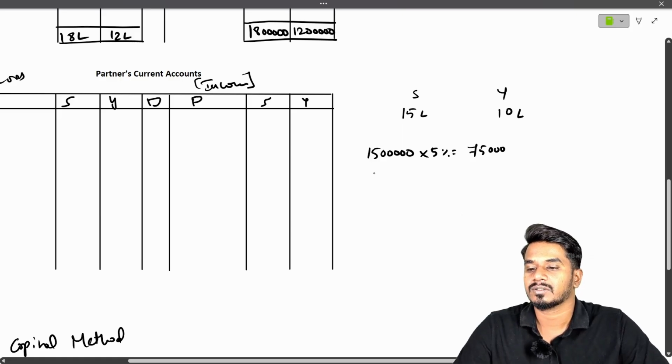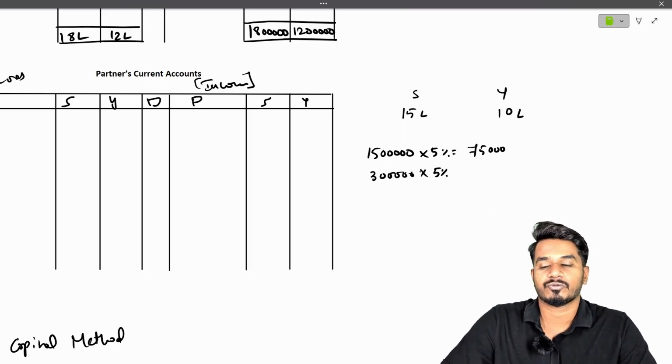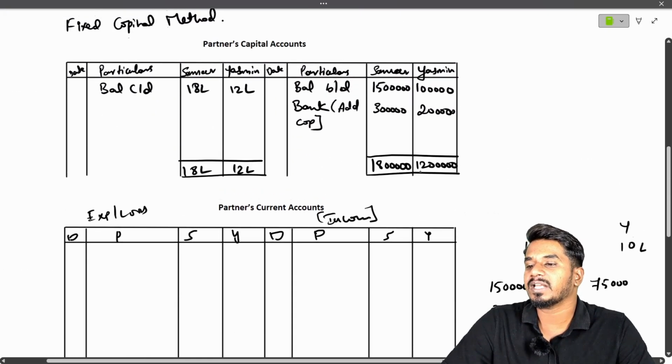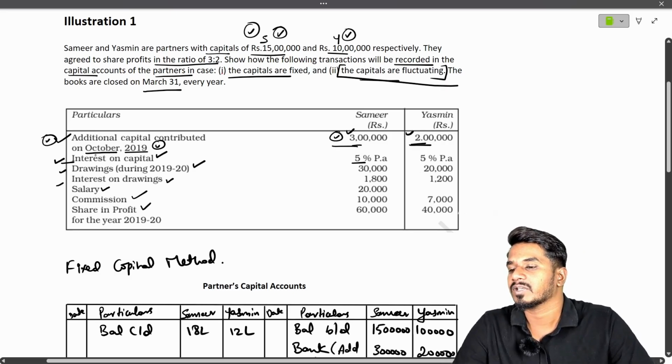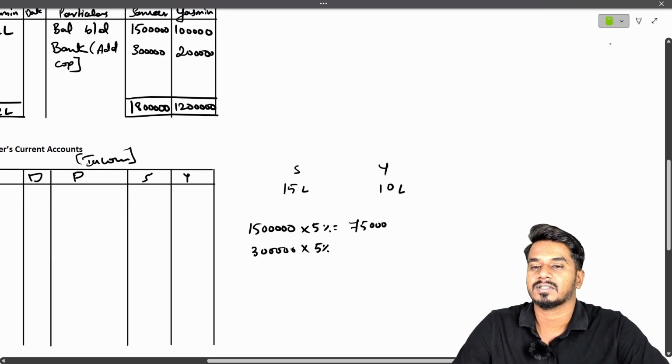Correct. So additional capital he introduced 3 lakh rupees. On this also 5%. But when he introduced, that is the thing. So he introduced on October. So we will consider October 1st itself.